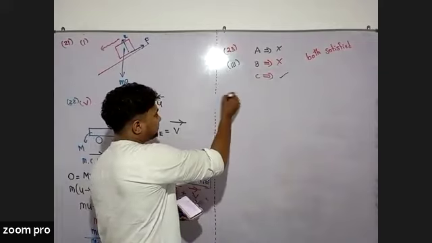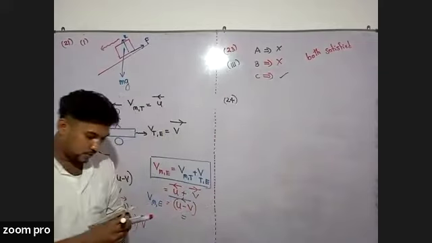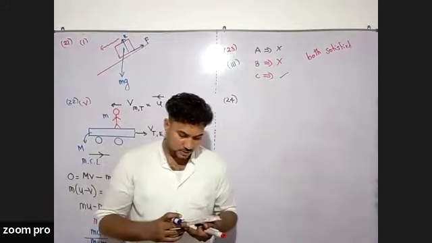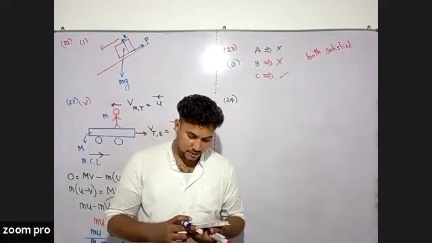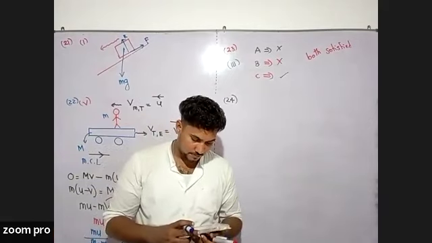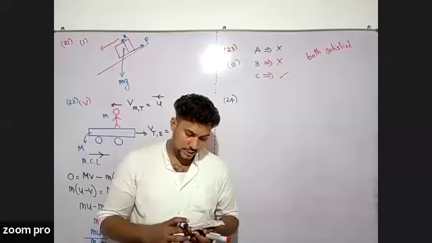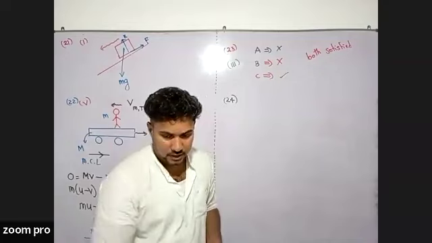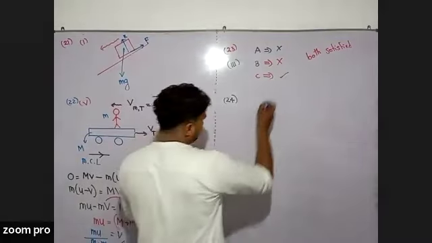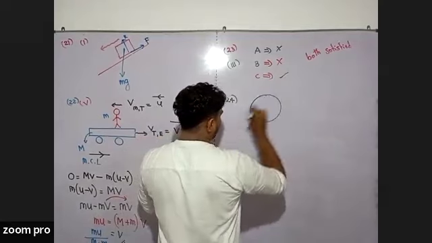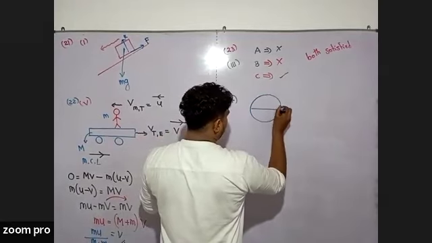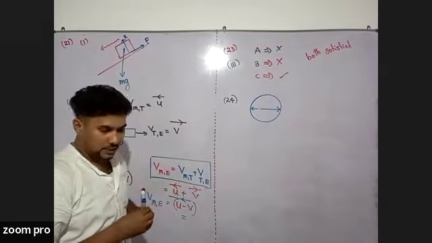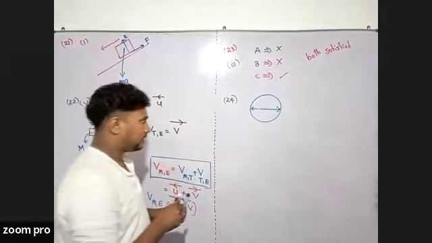24th question. The measurement that would not be obtained from a spherometer. The measurement needed to find the internal radius of a spherical surface, and the measurement needed to find the external radius of a spherical surface, right? Let's assume there's a spherical surface.